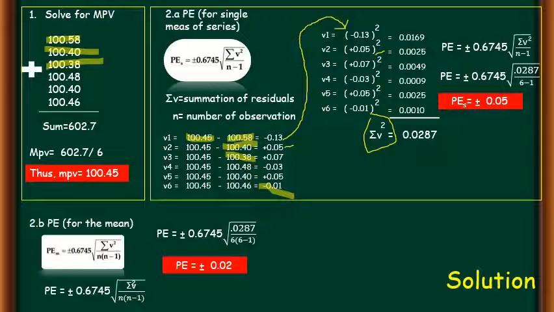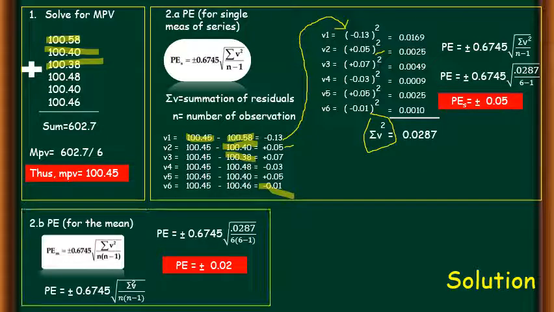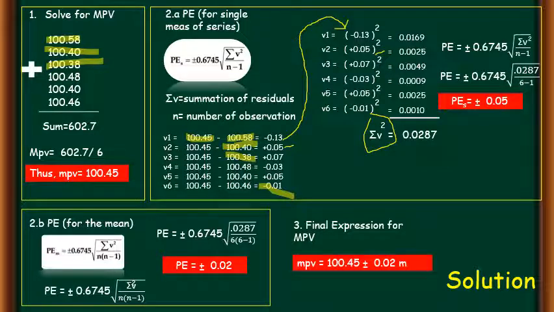So, the answer would be, probable error of the mean is plus minus 0.02 meters. Okay. So, final expression for your MPV, that is 100.45, this is your MPV, plus minus the probable error of the mean. Okay. So, at home, you try to compute the relative precision using this value, 100.45 plus minus 0.02. So, what would be the relative precision of this survey?